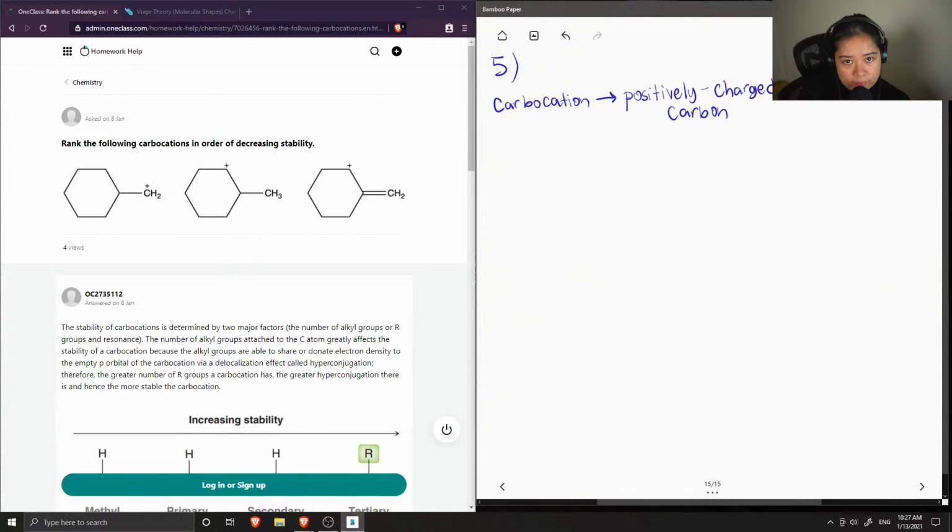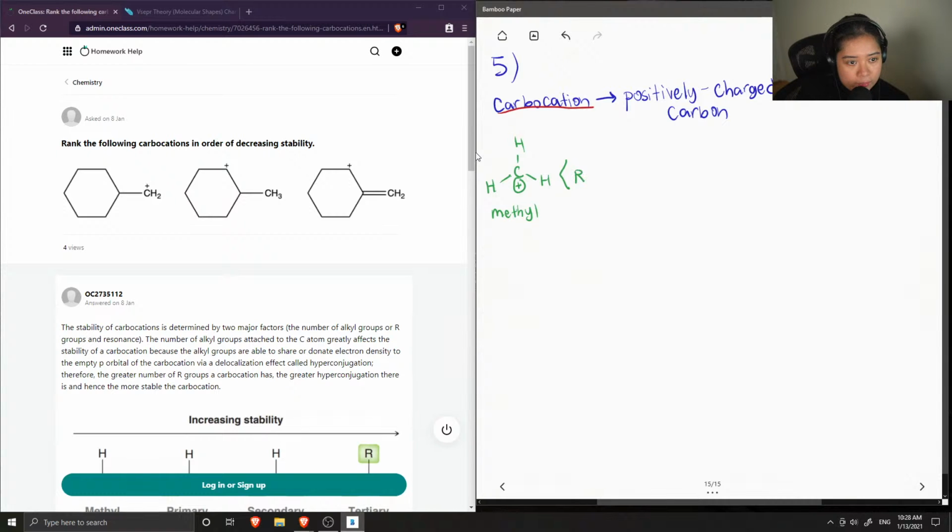And we can have different types of carbocations, and they all range in stability. So for example, we can have a carbon that is bonded with 3 hydrogens, and it has a positive charge. This is the same as our methyl group, so I'll just call it methyl. And it's also the least stable out of all of the carbocations.